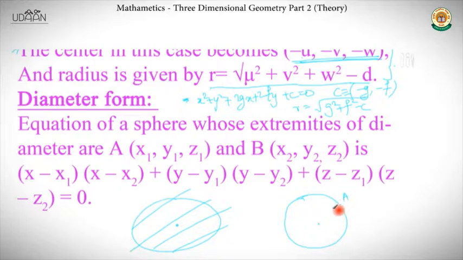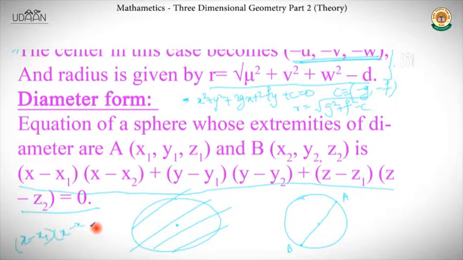This is A and this is B. So the equation of the sphere would then be (x minus x1)(x minus x2) plus (y minus y1)(y minus y2) plus (z minus z1)(z minus z2) equal to 0, which is very similar to the diametric form of the circle, which used to be (x minus x1)(x minus x2) plus (y minus y1)(y minus y2) equal to 0. So this finishes our topic 3D geometry, and this is Jaikumar Balani signing off.